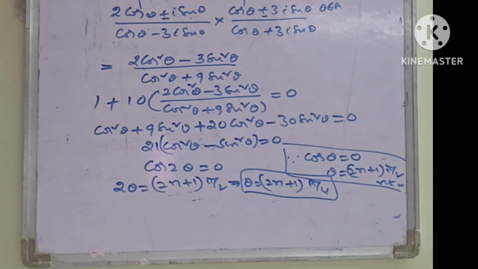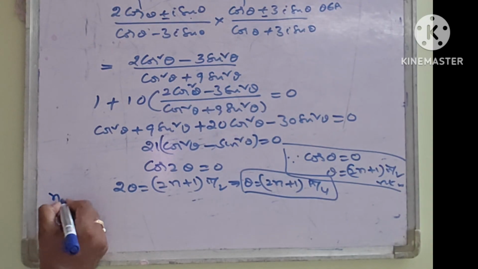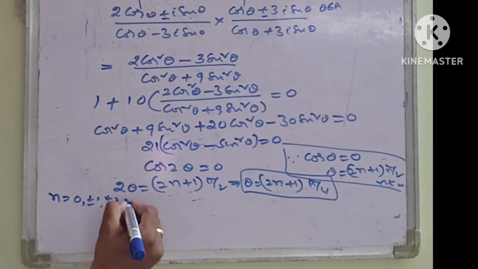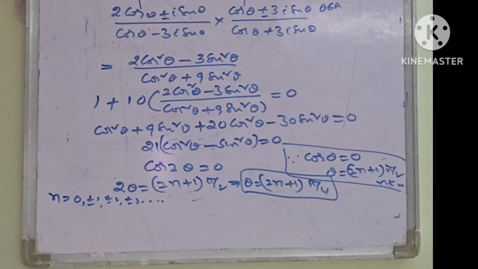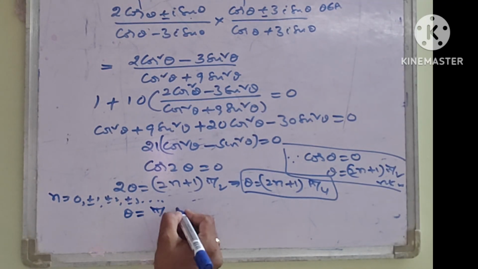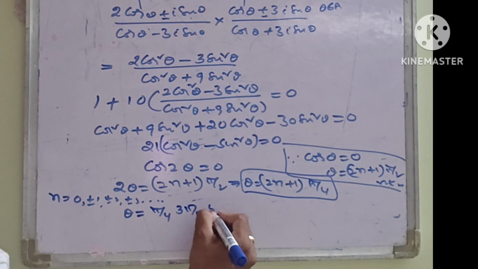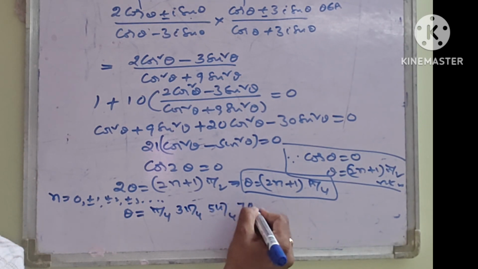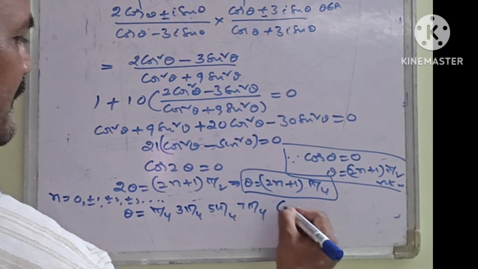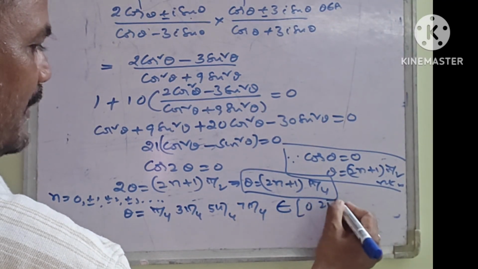Now the bound is 0 to 2 pi, where n is equal to 0, plus or minus 1, plus or minus 2, plus or minus 3, and so on, the integers. For n equal to 0, theta is pi by 4. For n equal to 1, 3 pi by 4, then 5 pi by 4, then 7 pi by 4. So these are the theta values that lie between 0 and 2 pi.